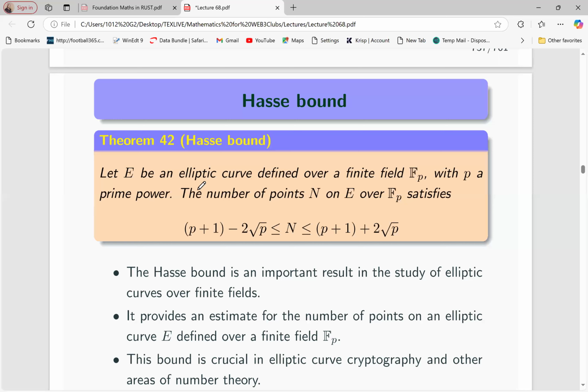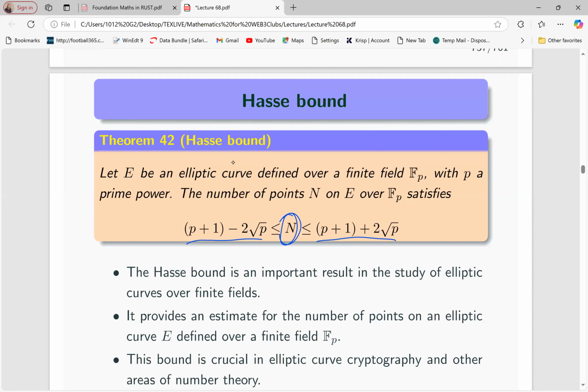So what does it say? The number of points on the elliptic curve, n, lies within this range.